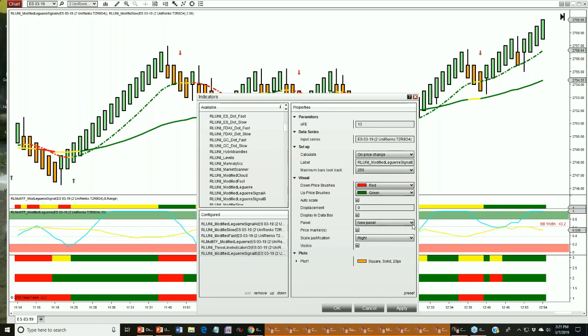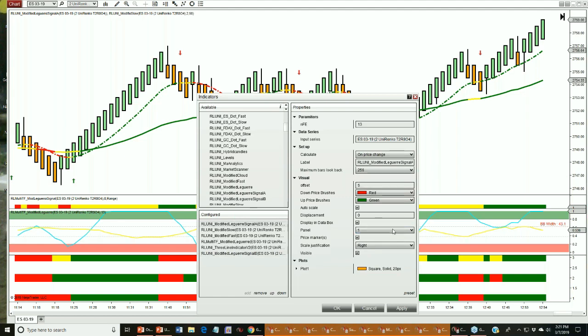And this is going to go in panel 2. I have to make sure this all works. Panel 2. This is going to go in panel 3. And I'm sorry, I traded so long in the live trading room that the gear is going to go into panel 4.